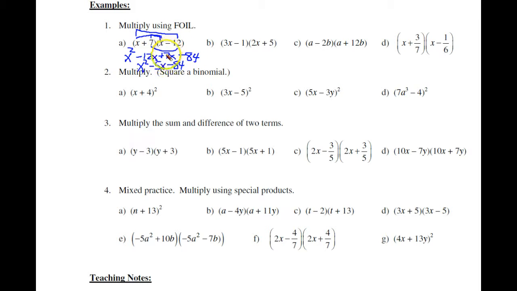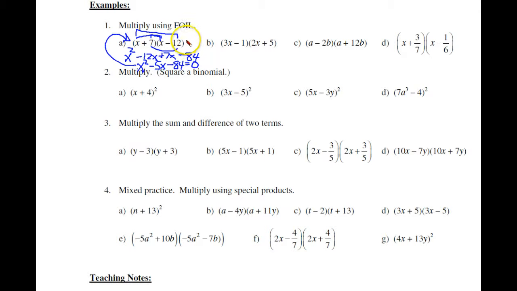Now, as we mentioned earlier, later we're going to ask you to factor back into that. So this is a product of two binomial factors. And you might say, well, where are we going to use this? Well, just a little aside. If we set this equal to 0, we now have what is called a quadratic equation. And we're going to solve this quadratic equation by factoring it.